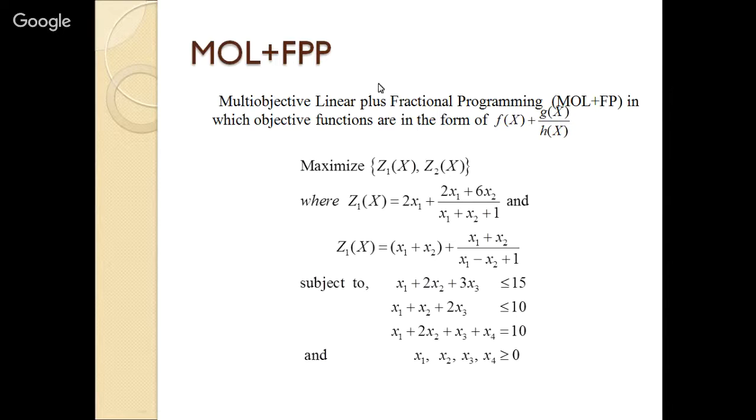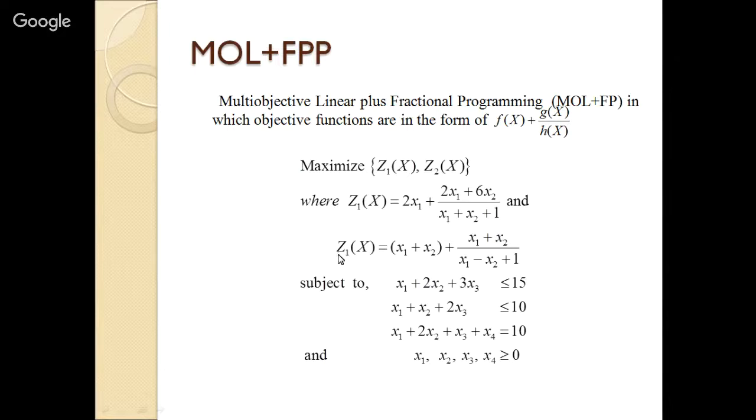This is an example of multi-objective linear plus linear fractional programming, in which the objective functions are in the format f(x) plus h(x) upon g(x). The first objective function is z1 equals a linear part plus (2x1 plus 6x2) upon (x1 plus x2). You can see this is the linear part, and this is the fractional part, where 2x1 plus 6x2 is the numerator and x1 plus x2 is the denominator.